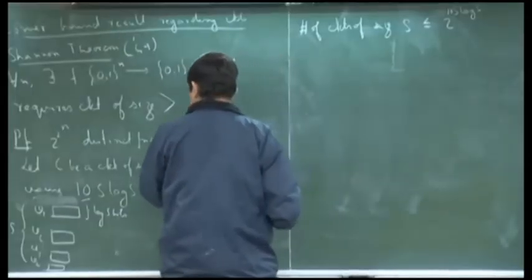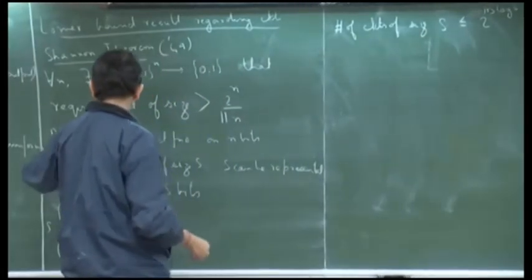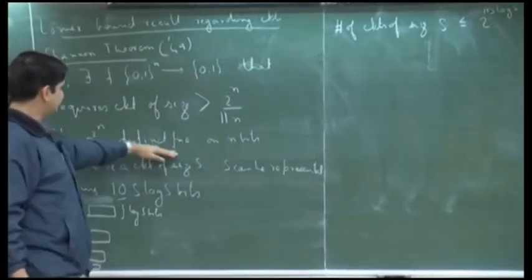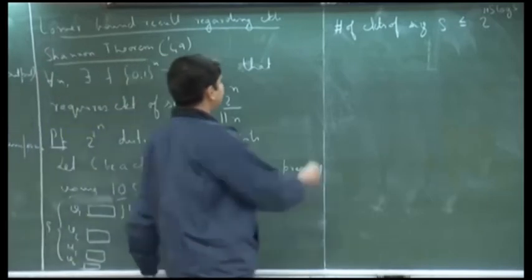So, now let us see where we get a contradiction. We have 2 to the power n distinct functions on n bits.